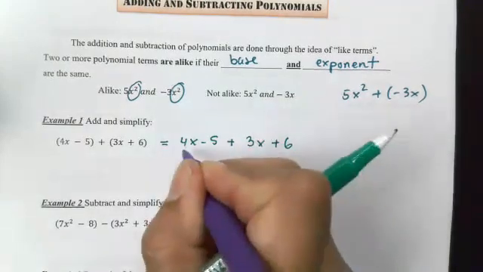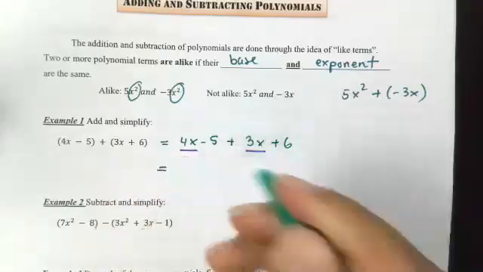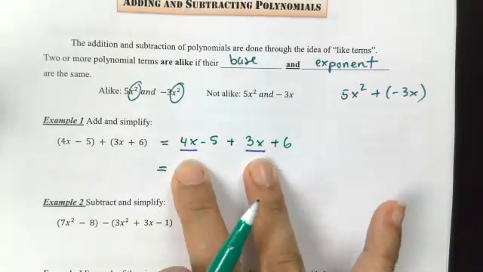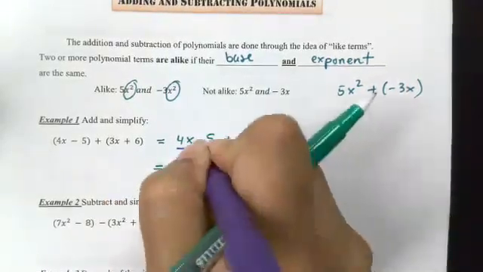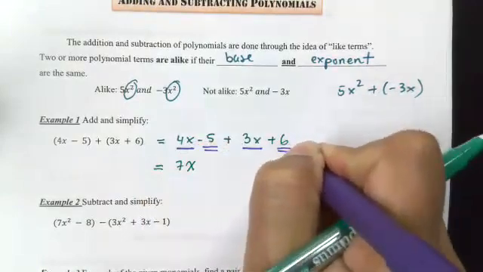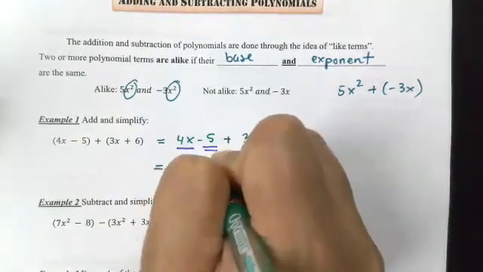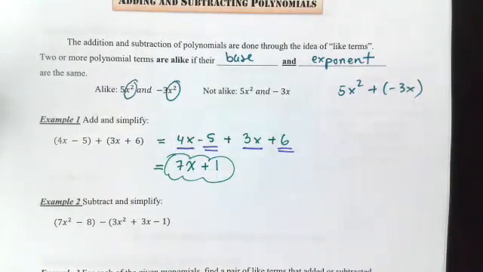We have these terms that have x's in them, and we can put those together. So 4 plus 3 is 7, so 7x. And then we have the free terms. They're also alike. Negative 5 plus 6 is 1. So that's our final answer, polynomial.